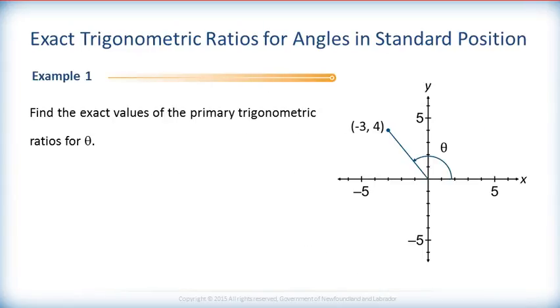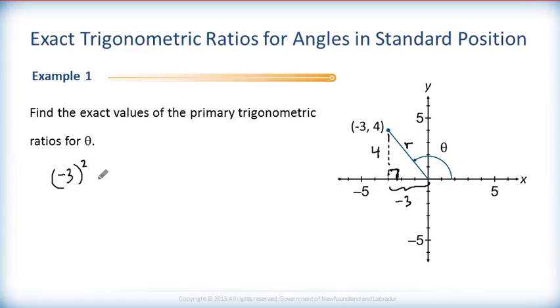Let's have a look at how this works in practice. Find the exact values of the primary trigonometric ratios for theta in this diagram. We begin by dropping a perpendicular line from our point on the terminal arm, and I make that a right angle there. So this side is -3 units. Going up, it's 4 units. Now we need to figure out our r value. The first thing we need to do is use our Pythagorean theorem. -3 squared.